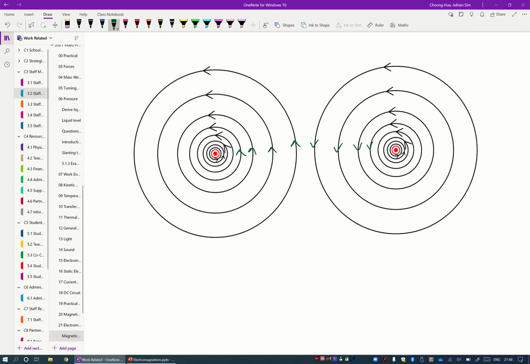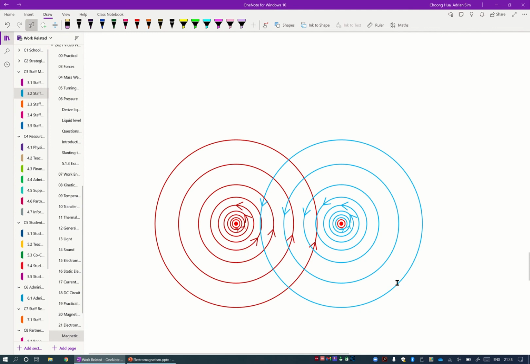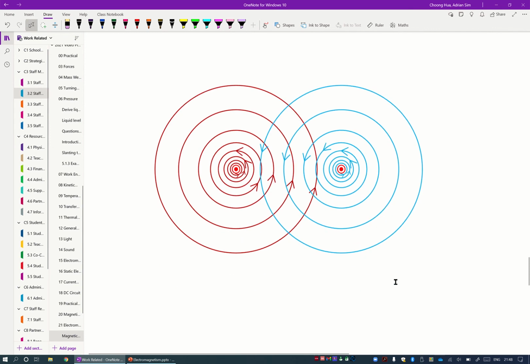So that means if I were to pull the two wires together, as shown in this diagram, I just put them in different colors for clearer distinction. Now, if I were to put them together, you realize that some of the lines are up, some of the lines are down.